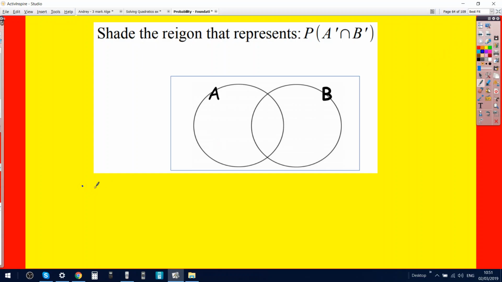This one, what is A dash? Is that neither A, or is it not A? Not A, basically. So what regions is that?